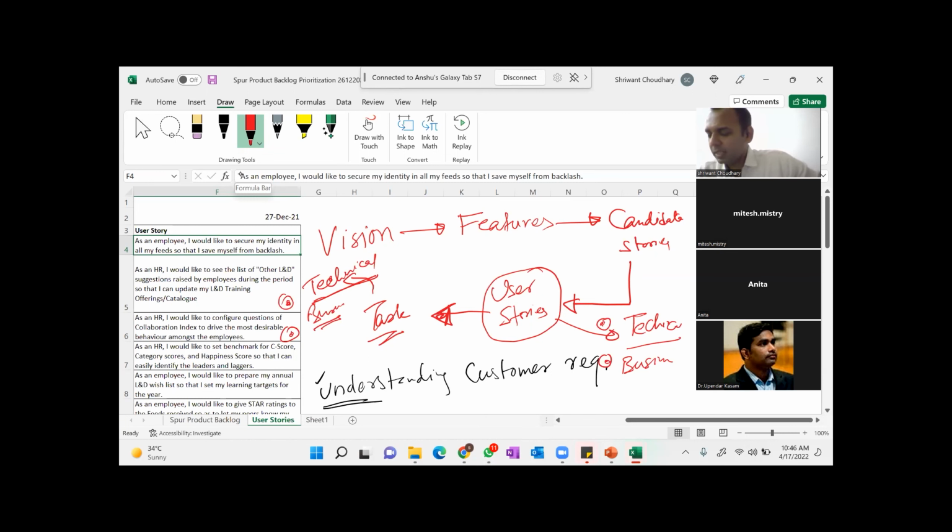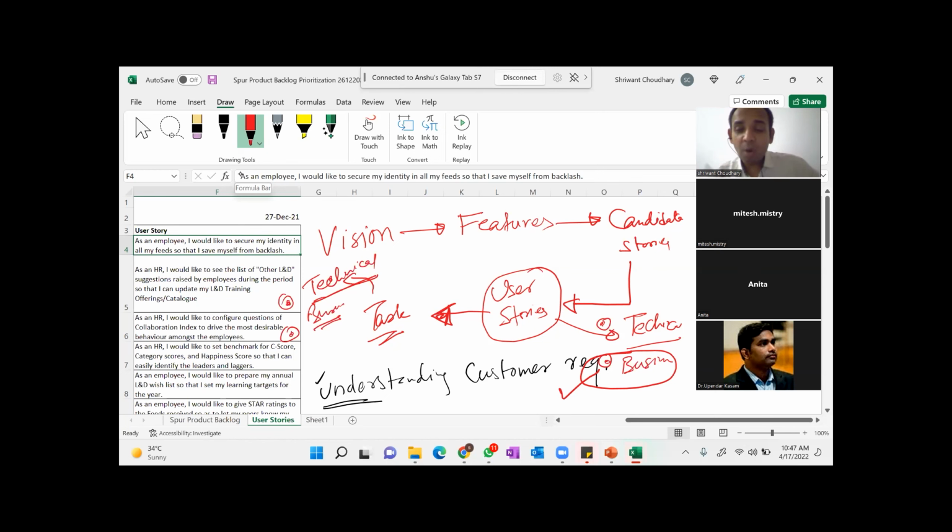Great. And that is why I told you, Anita, that I may not agree with you, because a user story, first of all, is not technical. A user story is a business requirement. It is written in a way that is easier for everybody, all the stakeholders, to understand, not only the team.